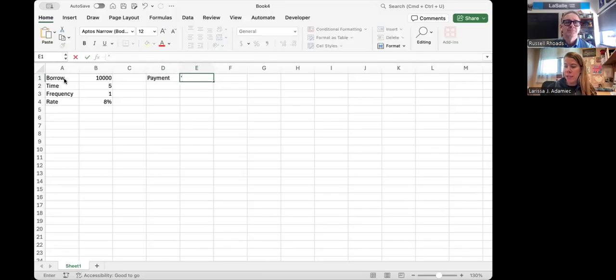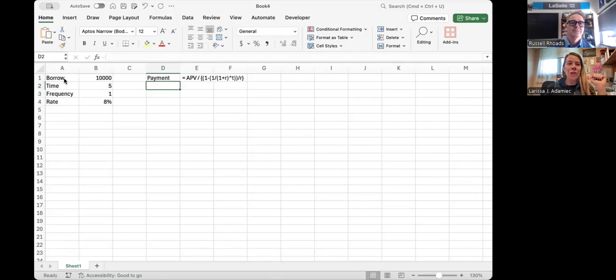But I want to throw in that the payment is going to be equal to the annuity present value divided by, and this is where it becomes weird, the big bracket, 1 minus 1 over 1 plus R to the T, divided by R. Okay. We can also use the payment function.